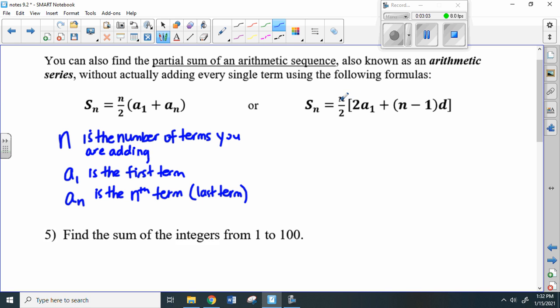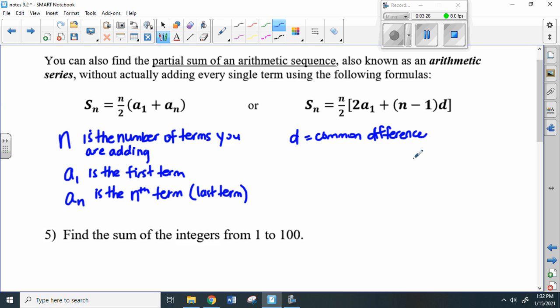If we go over here, that also has an N, that has an A sub 1. S is just a way to say that I'm finding a sum. The only other variable is D, which we know from the other side is the common difference. Again, that's the number you're adding or subtracting every single time.